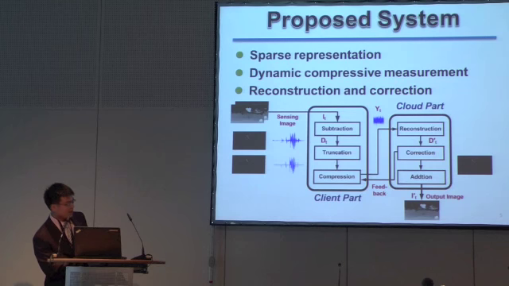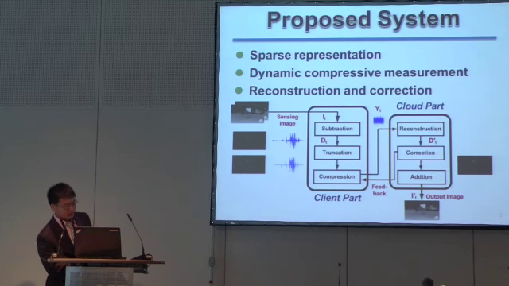Then we multiply by a random matrix to compress this signal and deliver it to the cloud part. The cloud part reconstructs the original signal and verifies if it is right. If it is wrong, it sends a feedback signal to the client part to require more measurements. If it is right, we add it to the last frame to get the correct frame.